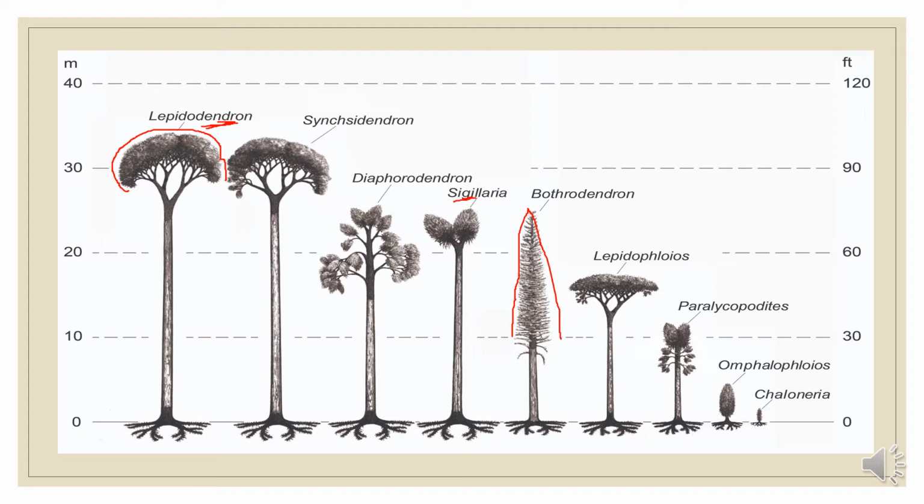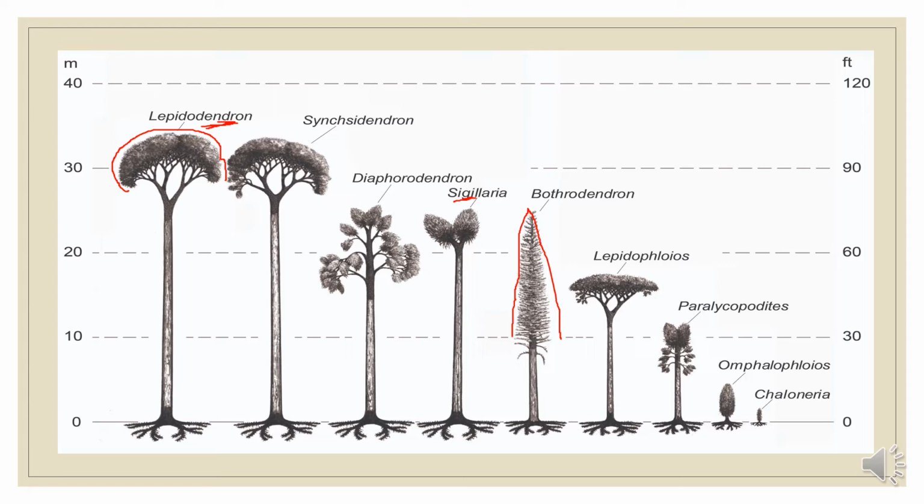Whatever be the shape of the crown, they have terminal strobili, and the stem was not very smooth, but had either ridges and grooves, or leaf scars on the entire stem.